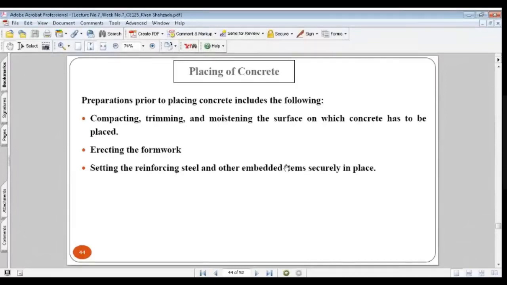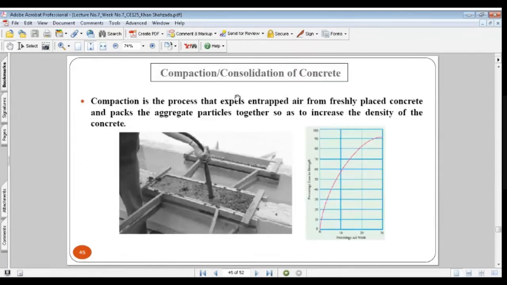If you are placing it in a slab, with reinforcing steel bars, it will also have electricity pipes, or sometimes sanitary pipes, or water supply pipes. So all these should be embedded securely.